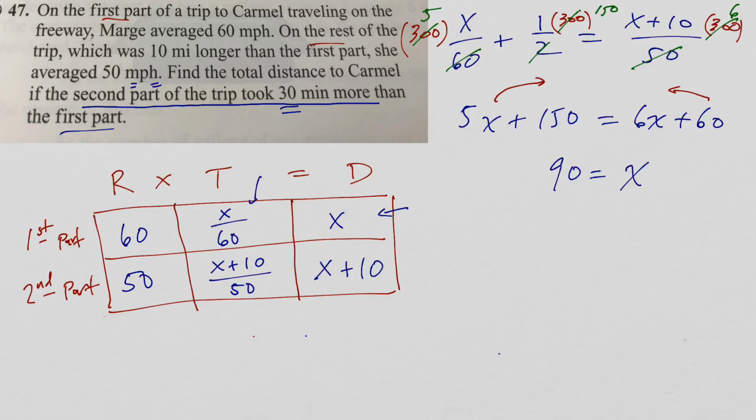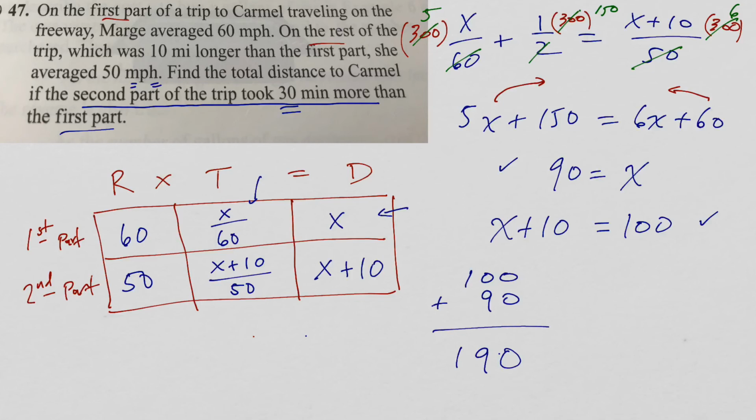We've only found the distance of one portion of the trip. The other portion of the trip is x plus 10. So x plus 10 is equal to 90 plus 10, which is 100. So 100 on the first part, 90 on the second part. The total is 190 miles.